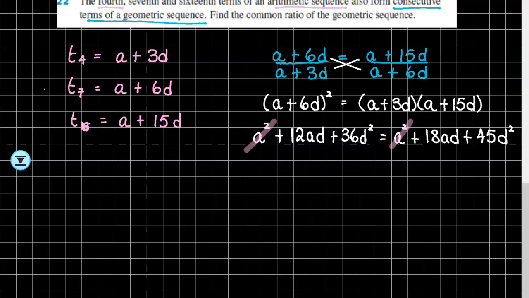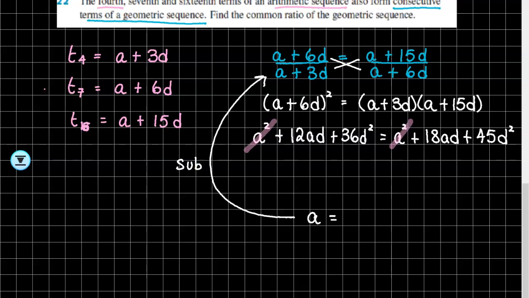What I'm going to ask you to do is, can you somehow get an expression for A? So get A equals, and then what we're going to do is sub that back into the ratio, because I'm going to have an expression for A in terms of D, and then you can pop it back in here and see what ratio we get.